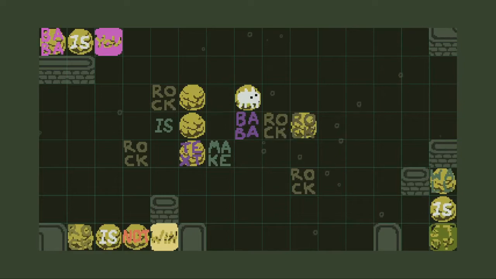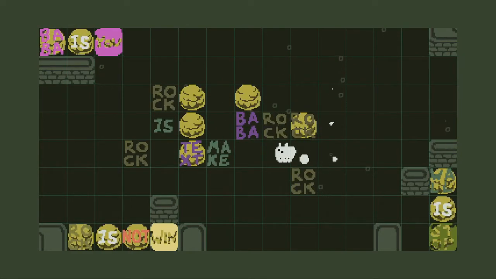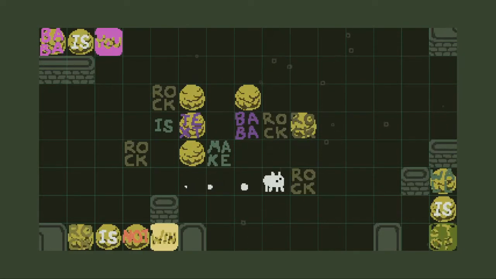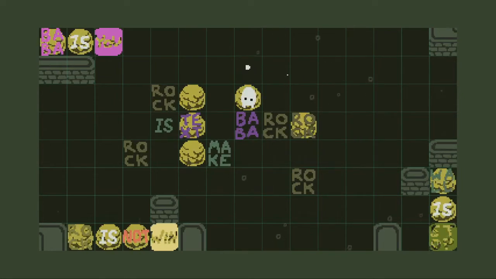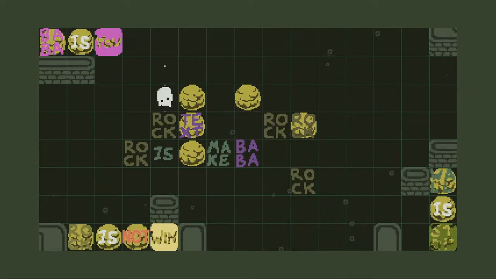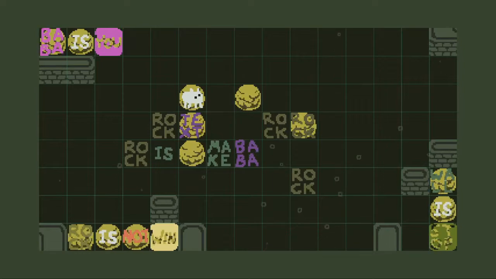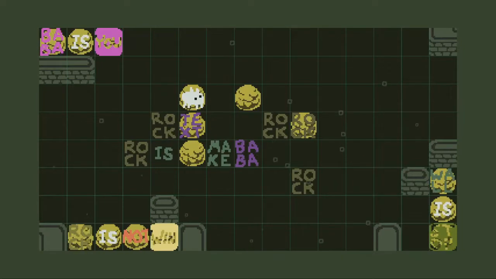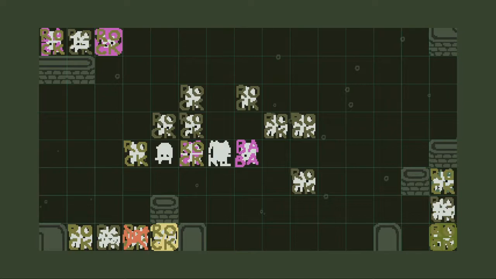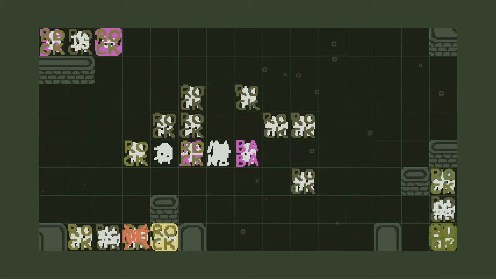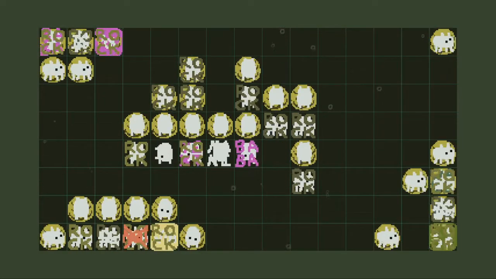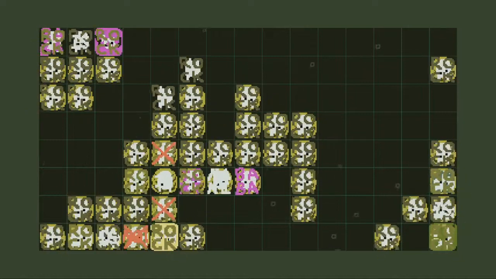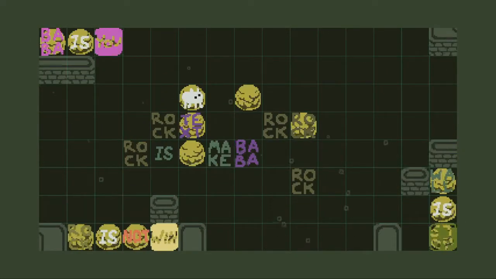I guess I could potentially do that later if I'm pressing from a different place. Like this, but then I won't be standing in the right place necessarily, but then there should be some extra Babas around here. But then I'm not going to be able to set up my rock is, and yeah, it's going to become too complex and it's going to fall apart.